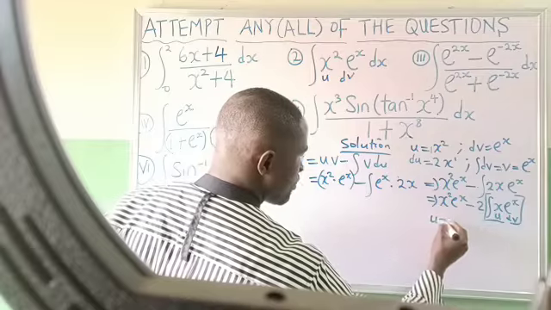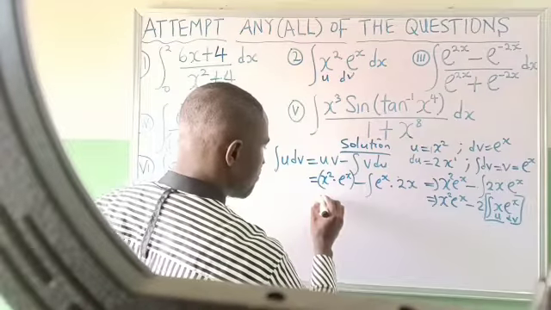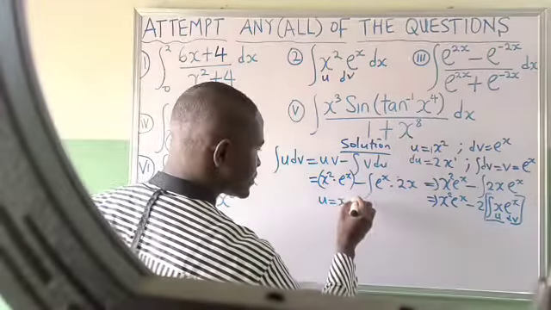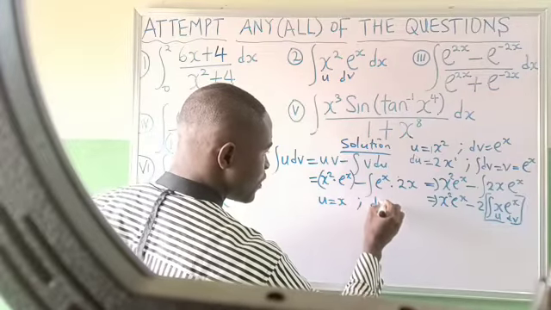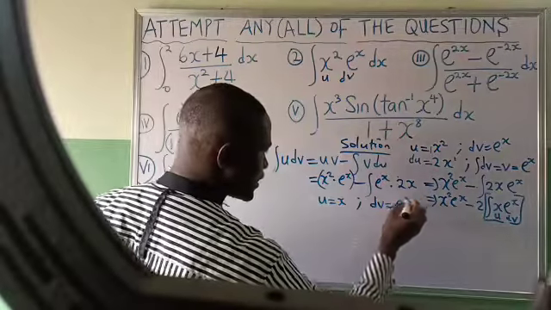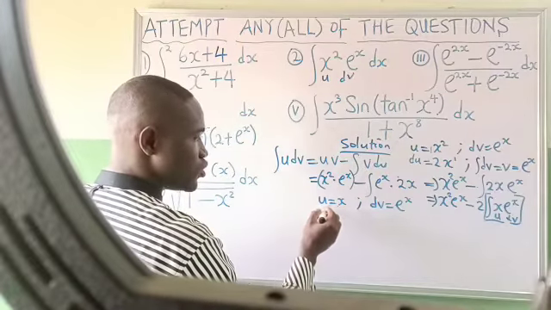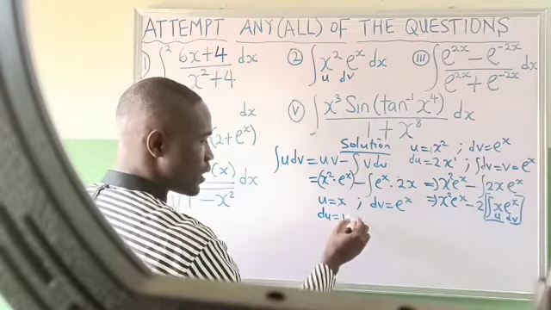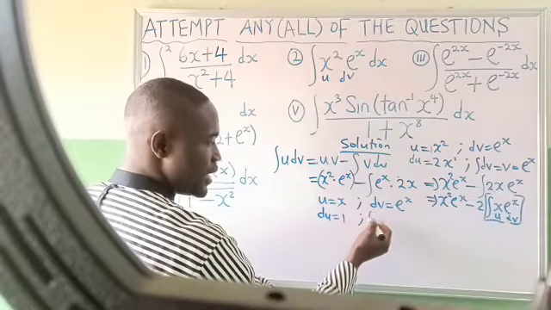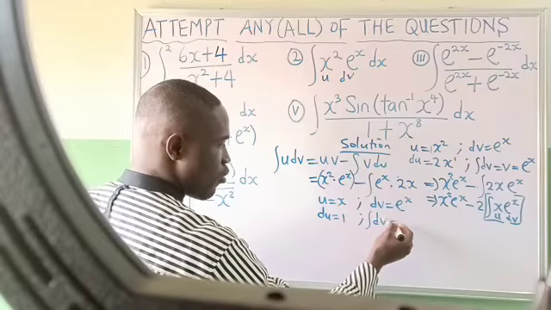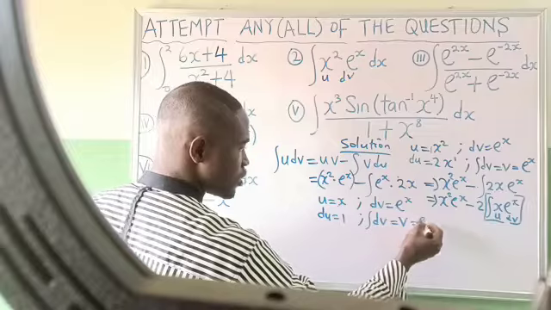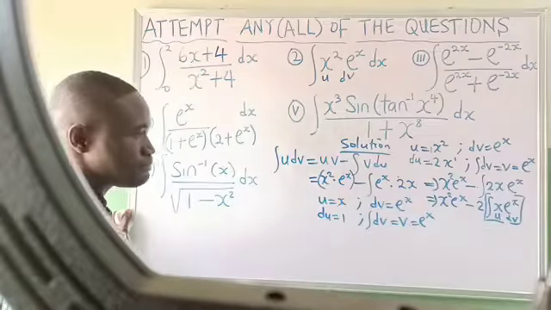My u will be equal to x. My dv will be equal to exponential x. Then if I differentiate u, I'll have du equal to 1. If I integrate dv, I will have v, which is equal to exponential x.